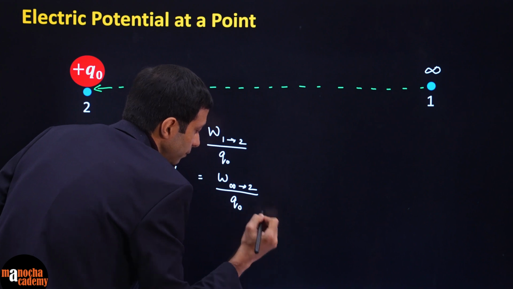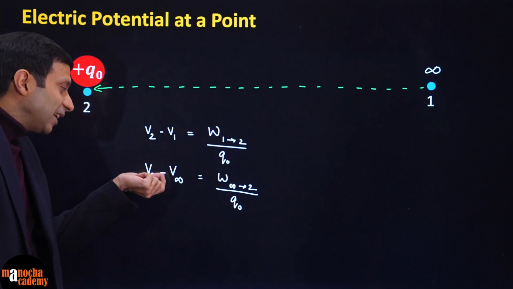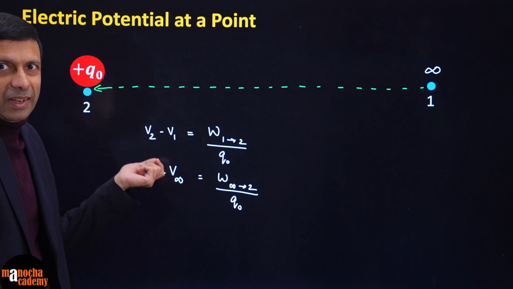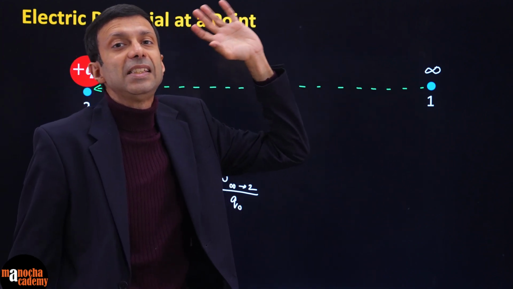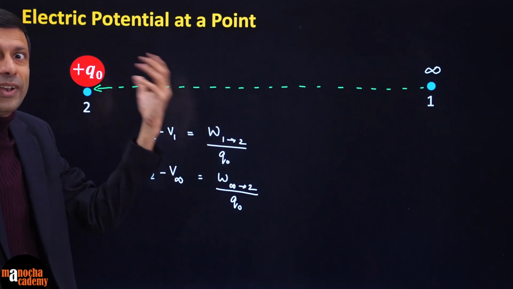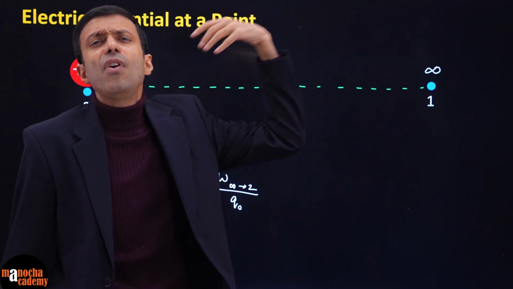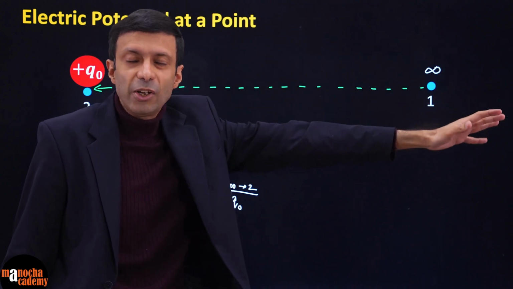And the advantage of doing this is, the scientists said that the electric potential at infinity is 0, right? Because if you have a charge creating an electric field, then it will have very little effect at a very far away distance. The electric field becomes 0 at infinity.